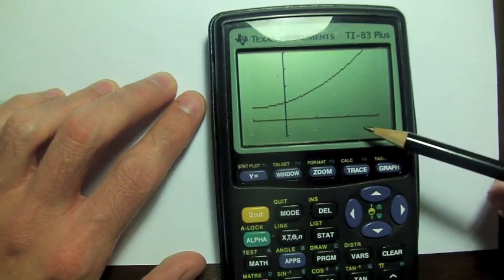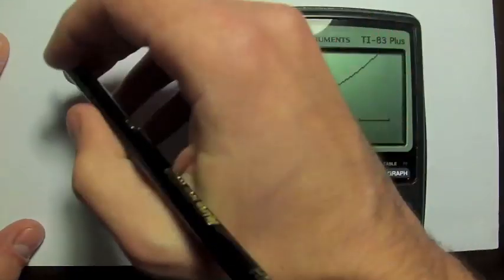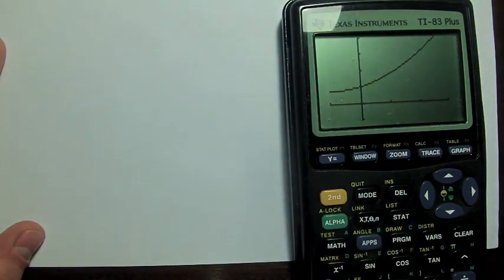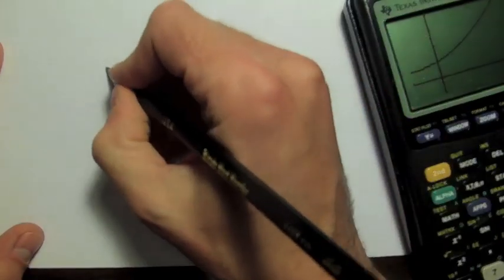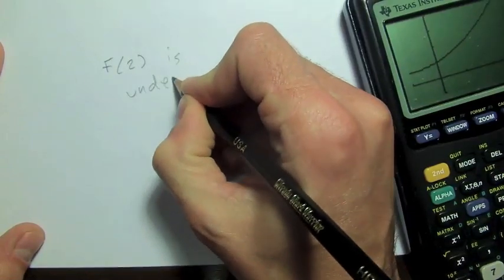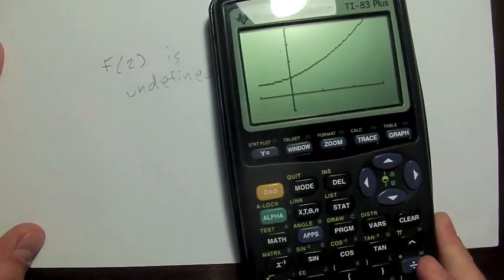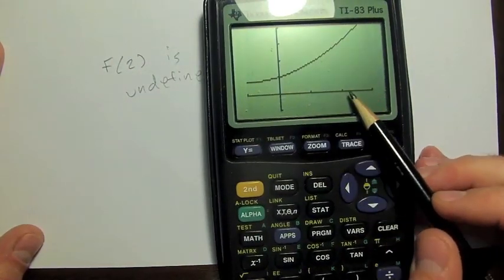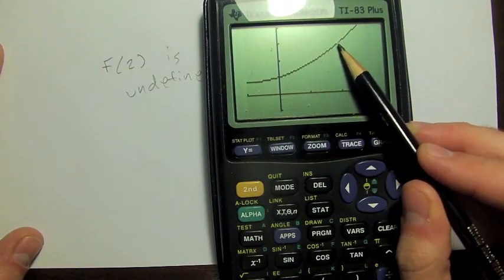And basically, remember, one thing that we have is that f of 2 is undefined, right? So we know that f of 2 is undefined. So when I look at this on the calculator, it's very misleading because you see we have 2, 3, it looks like, the point there.